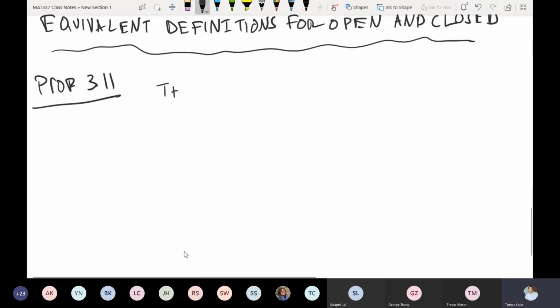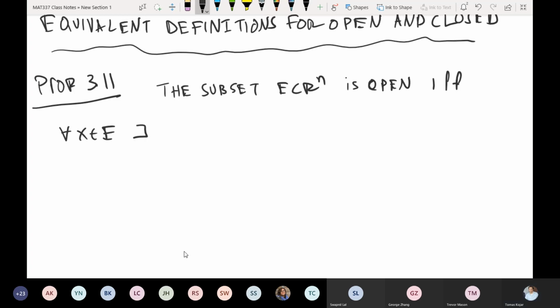A subset E in R^n is open if and only if for all x in E there exists r_x positive so that the ball is fully contained in E.